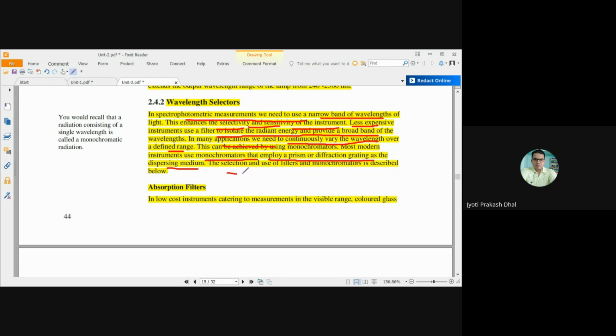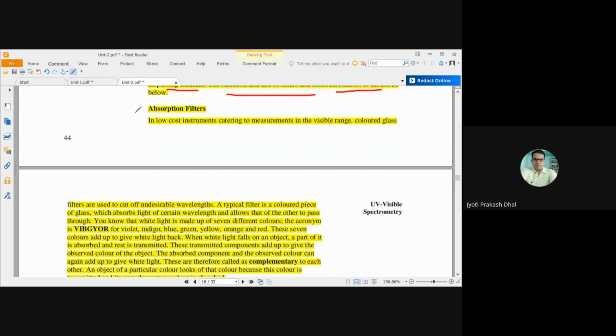The selection and use of the filter and monochromator is described like this. The first one is the absorption filter, used in low cost instruments catering to measurement in the visible range.